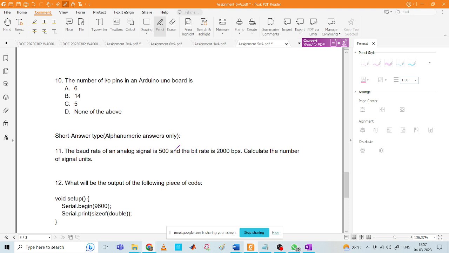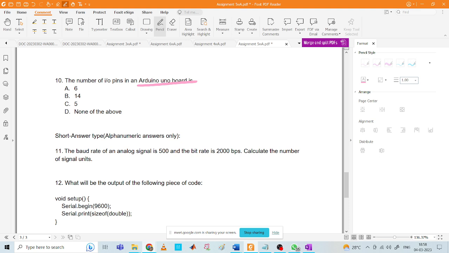What is the number of IO pins in the Arduino Uno board? Yes, sir. 6. Anyone else want to answer? 6. The number of input pins in the Arduino. You can search in the net and tell me. Six.